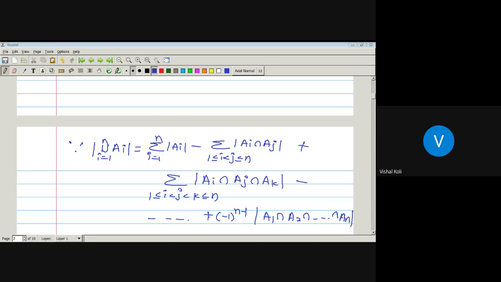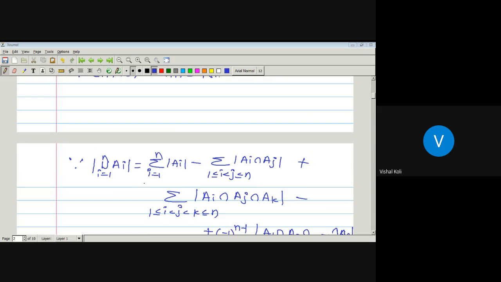This one is nothing but the cardinality of the union over i running from 1 to n of Ai. Here either we can take i equal to 1 or it can be written as 1 less equal i less equal n, since i is running from 1 to n.